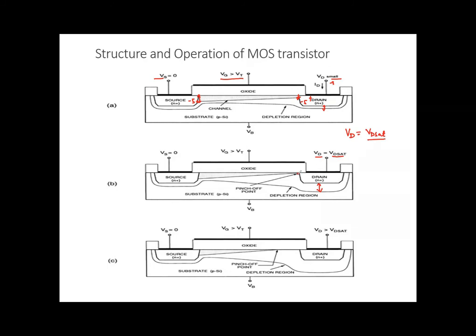That means the channel is being reduced and your device is going to move into saturation after this point. That means after this, you keep on increasing the voltage across this, there will be no increase in the current. So from characteristics, you can see the characteristics which we have plotted in LTspice the other day.